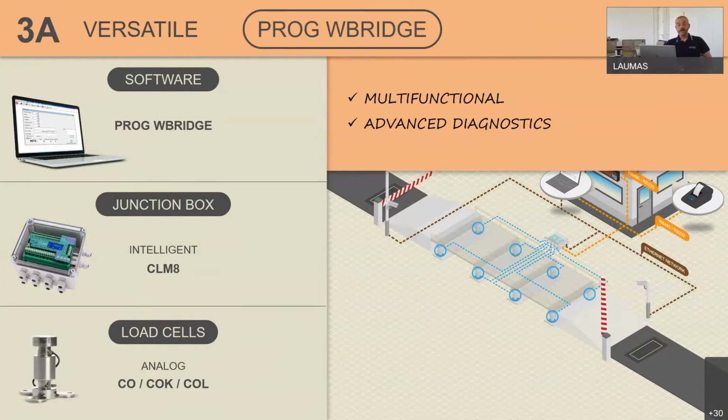Keep in mind that if the Weighbridge is approved for legal for trade applications, the CLM8 needs to be visible because according to OIML regulations, it has to be the primary indicator of the weight. This is because the software itself is not OIML approved.